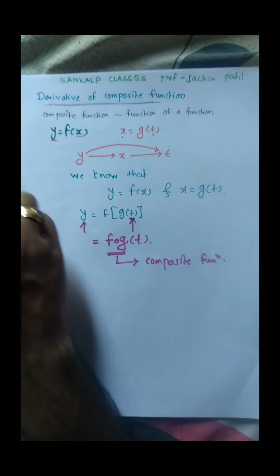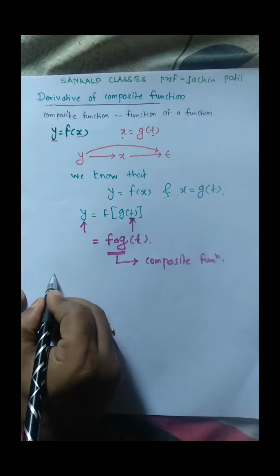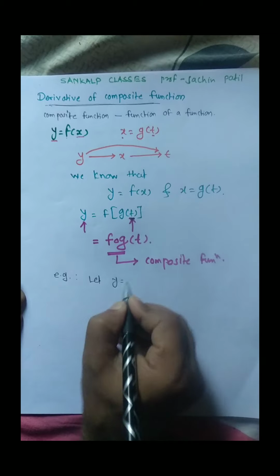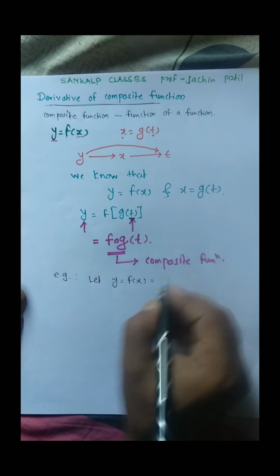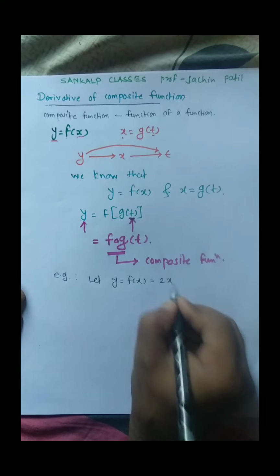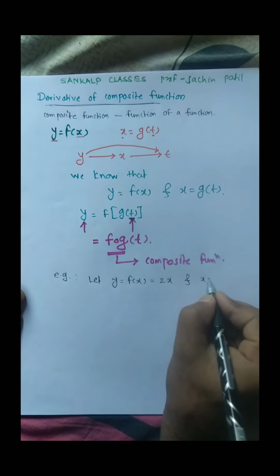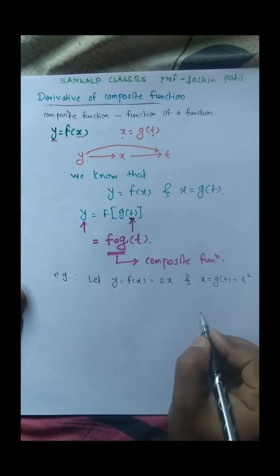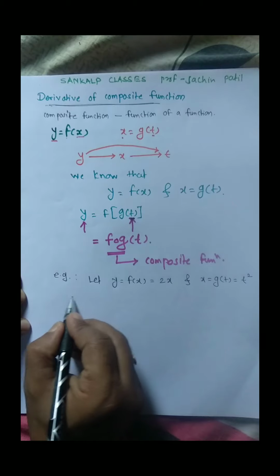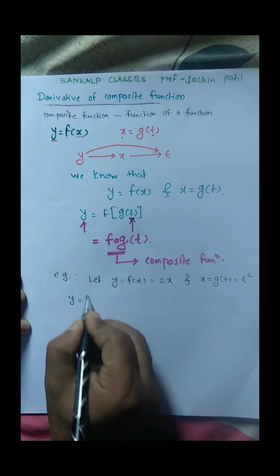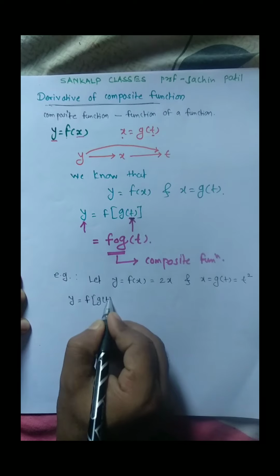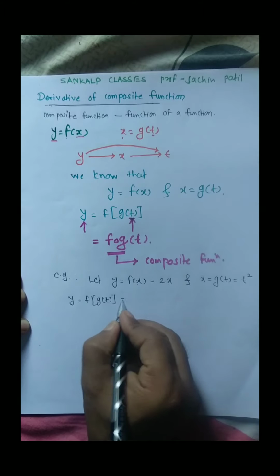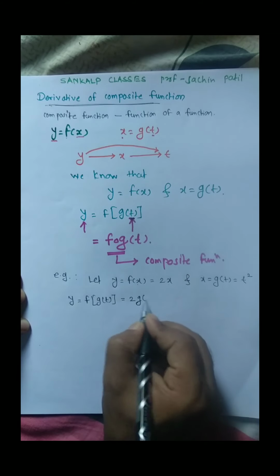First of all, let us consider an example. Let y is equal to f of x is equal to 2x and x is equal to g of t is equal to t square. Then y is equal to f of g of t. We put x is equal to g of t, and you will get 2 into g of t.